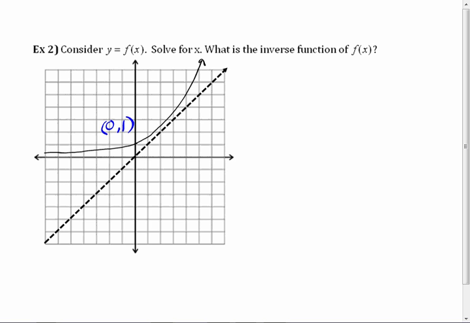With x and y switched, this is going to be at 1, 0. It's not too bad. So if you get confused, draw the function and reflect over y equals x.